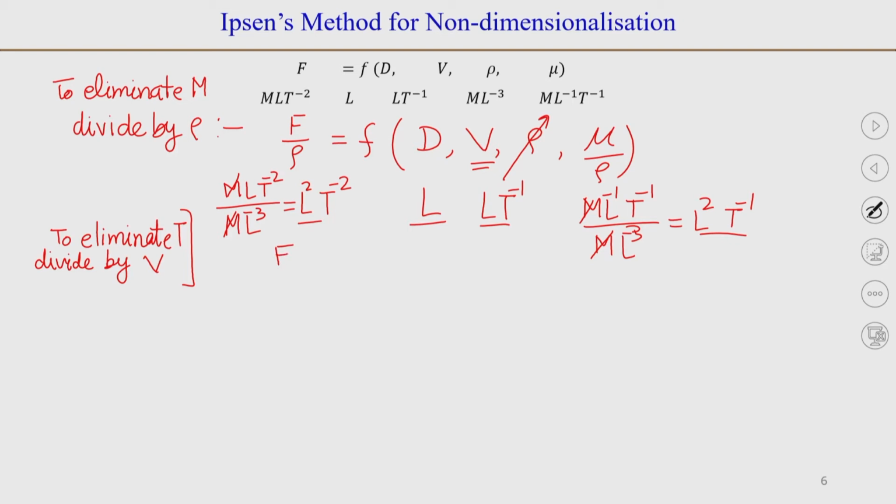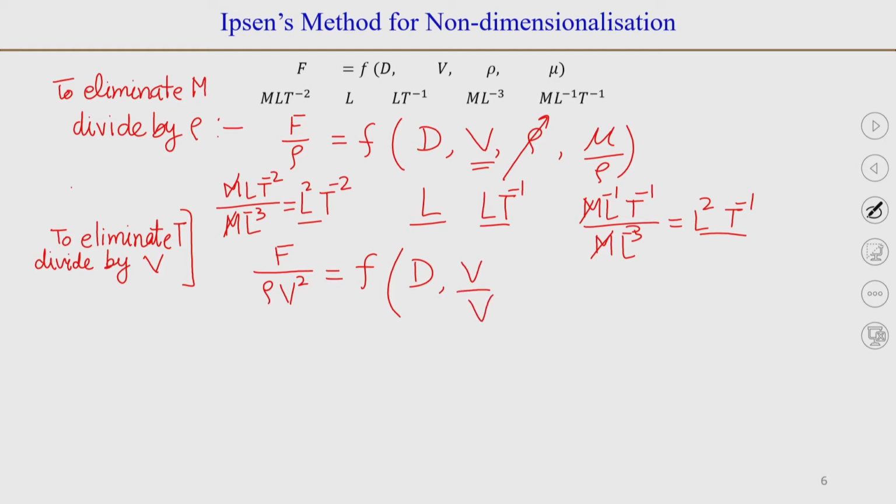So, this has time raised to the power minus 2, whereas velocity has time raised to the power minus 1. So, we will divide by velocity squared: F over rho V squared, L remains same. So, that will be F over rho V squared, a function of D, again V by V.